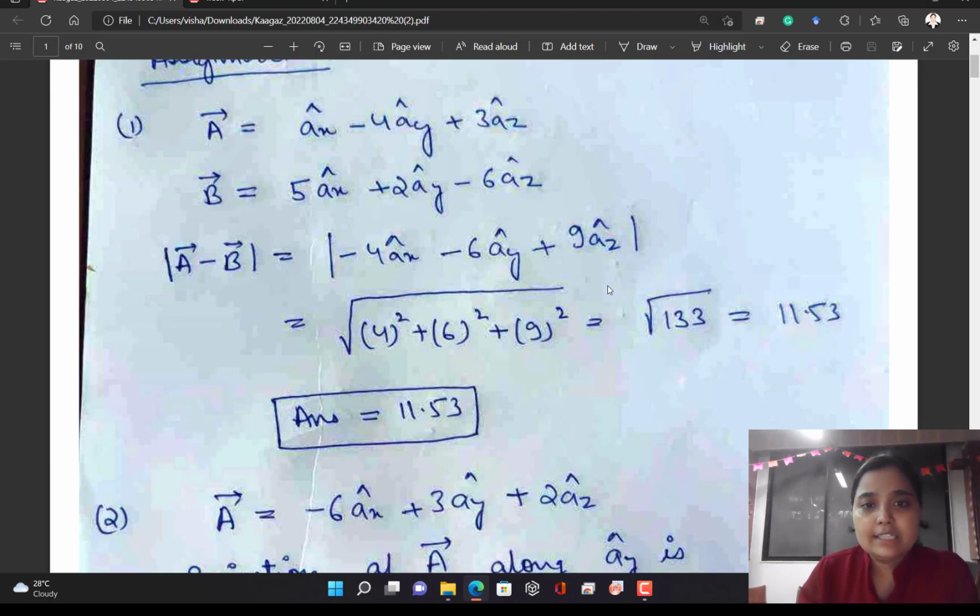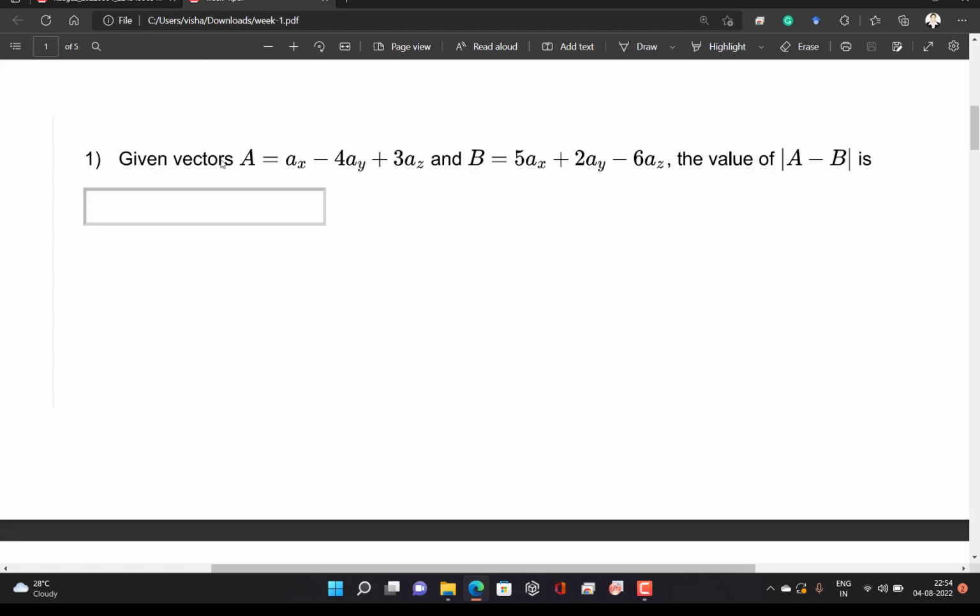So now let's find the magnitude of this vector. The magnitude will be 4 square plus 6 square plus 9 square, that is equal to under root of 133, that is 11.53. So the answer here you will be writing 11.53.